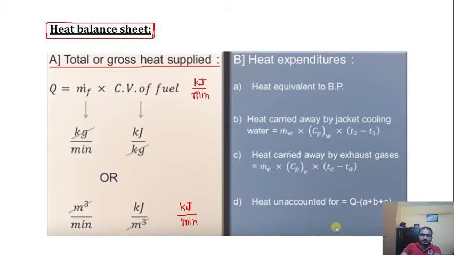Now the next is heat expenditures. So here in section A we have discussed the available energy, not in terms of pure thermodynamics, but the energy which is being supplied by the fuel. So now we will be discussing heat expenditures.